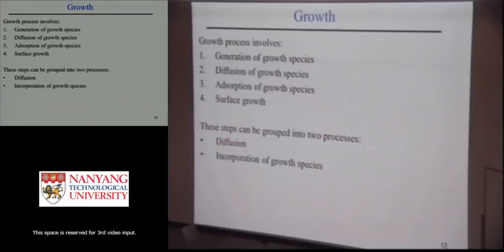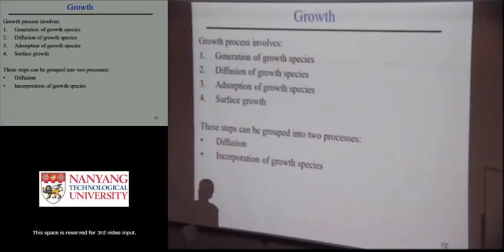Maybe I should start with the small particle. Let's say the nuclei is small, so the atom is generated and diffuses to this region. However, if the nuclei is very small, the surface area is small.